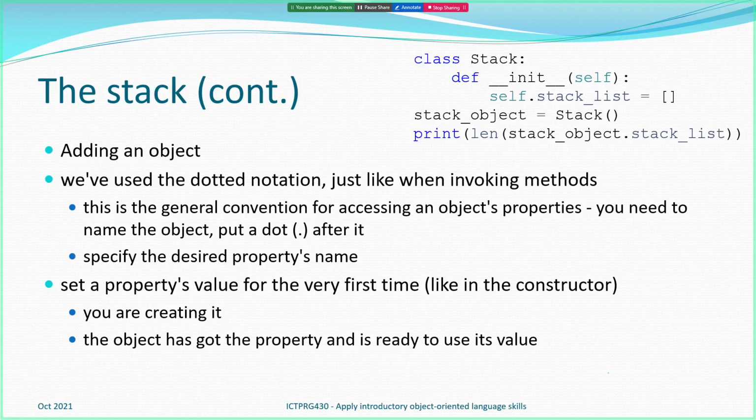Now we can add lists, we can add anything we want into this object, and we need to do it in a specific way. The convention is to add properties in. We need to put the name and a dot after it. So here we're executing self, then a dot, and then stack list equals.